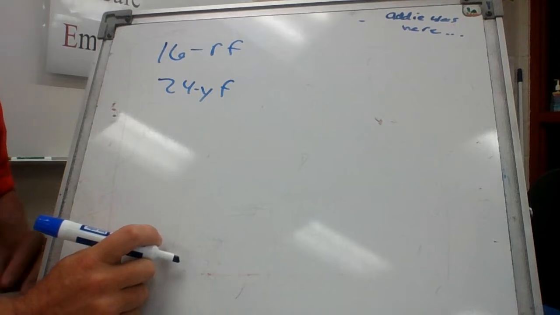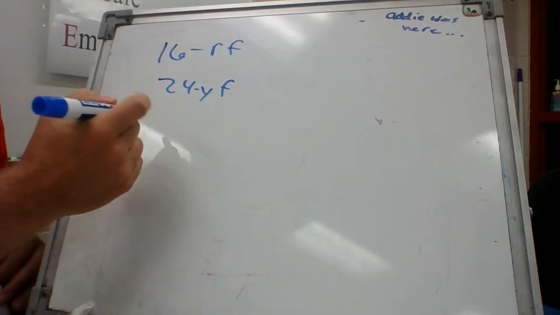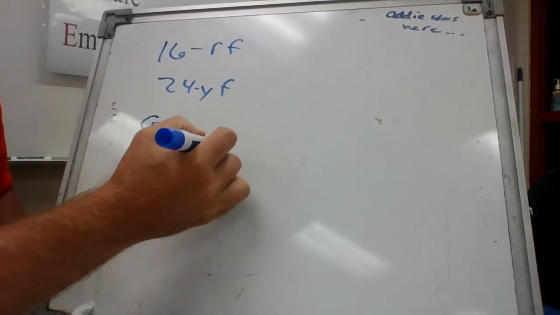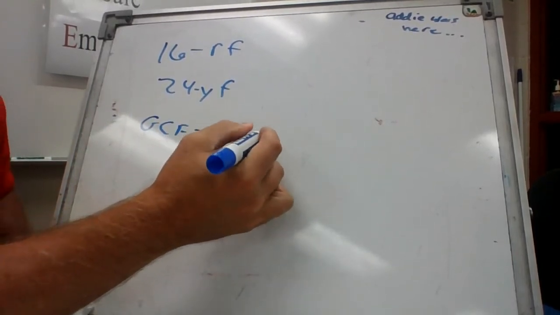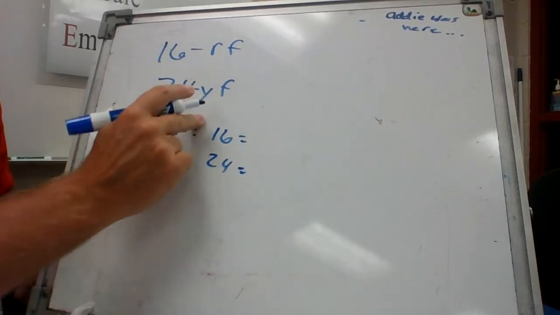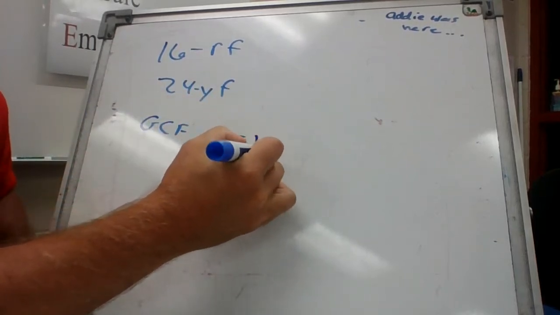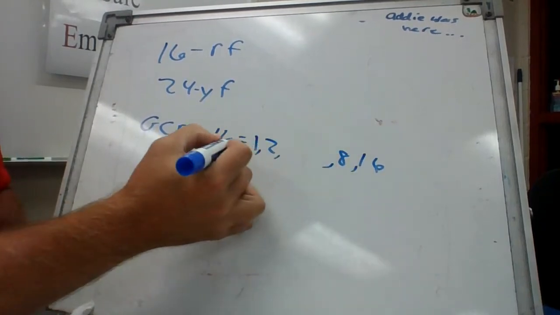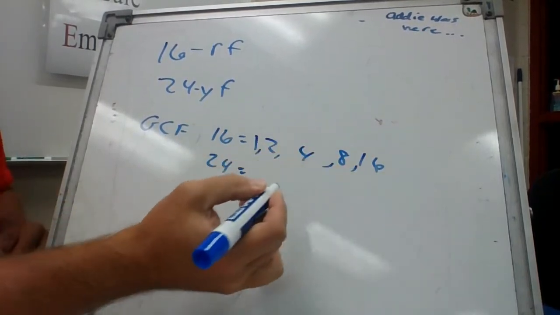When it says greatest number, we know that's the greatest common factor. So we're looking at the greatest common factor of 16 and 24. Factors of 16 are 1, 16, 2, 8, 3 won't go, and it's 4 times 4.